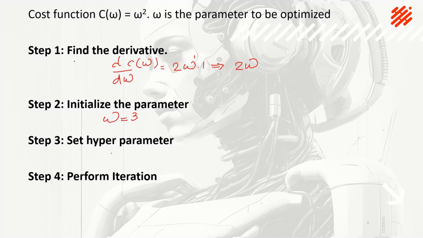So the hyperparameter is represented by alpha. Let us assume a small value, 0.1, and we need to perform the iteration.